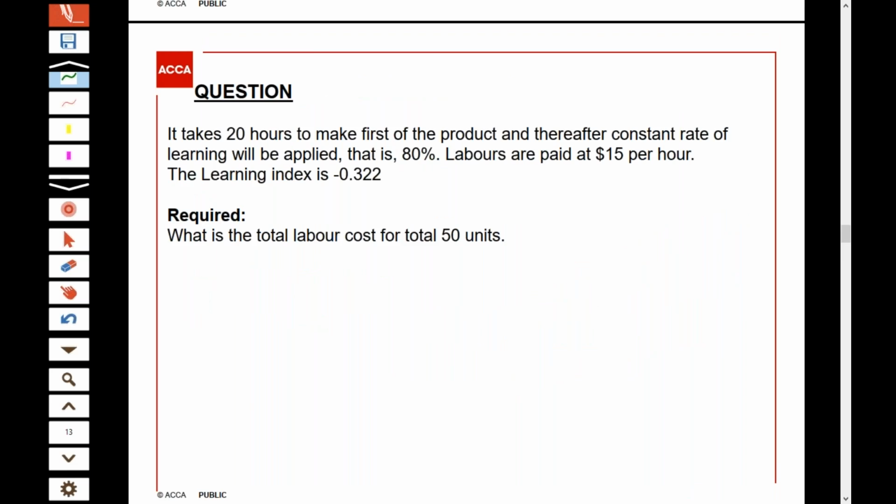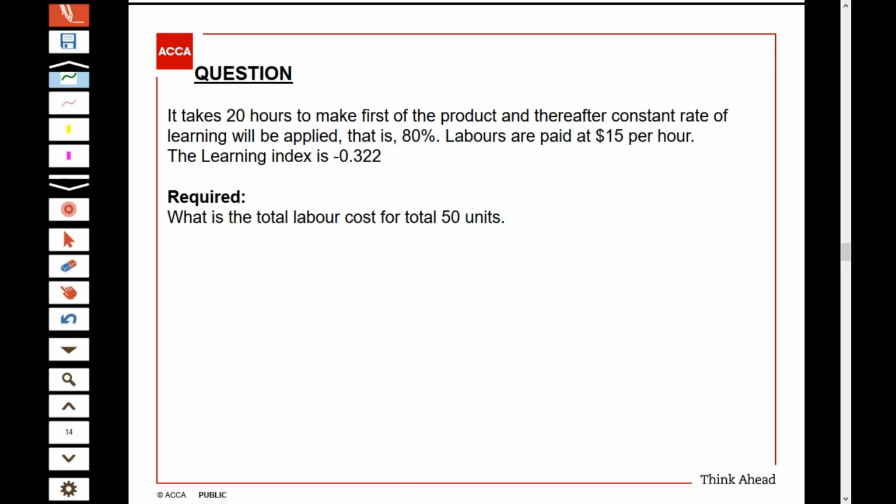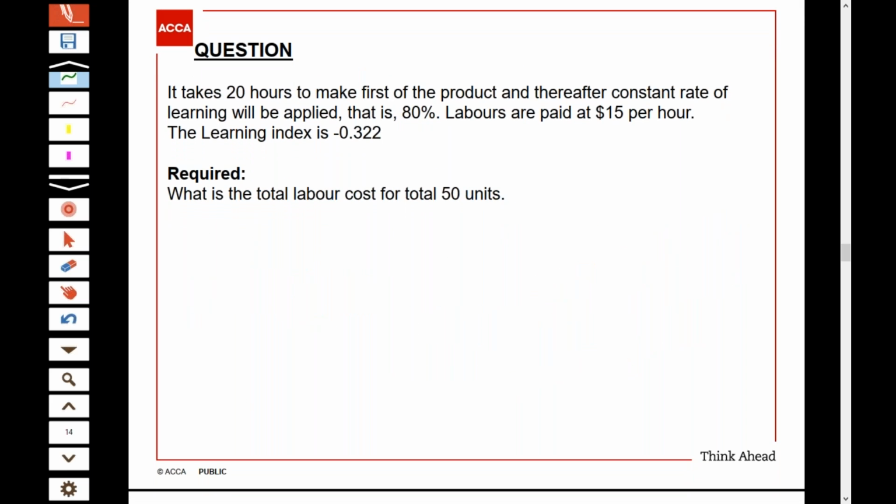Now students, I am moving towards the question. I am reading: it takes 20 hours to make the first unit of the product, and thereafter a constant learning rate of 80% will be applied.